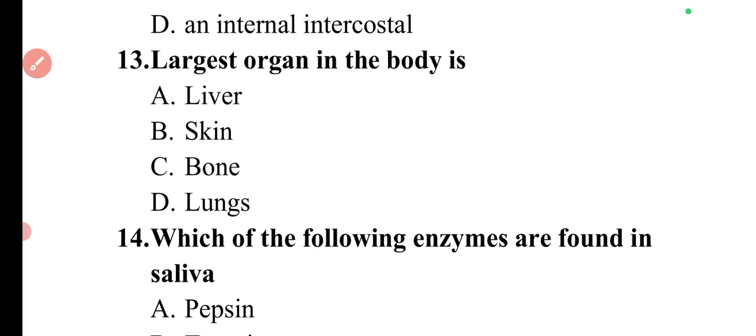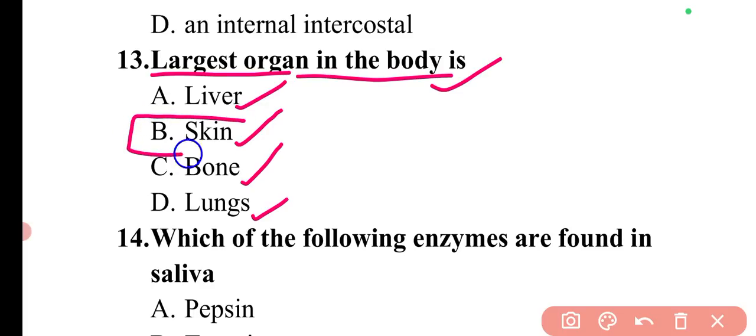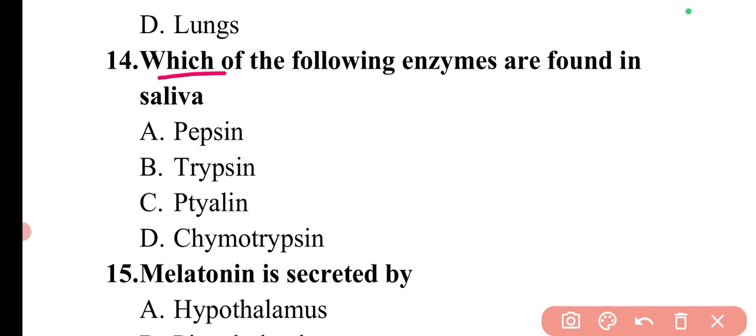Next question is, the largest organ in the body is. Options are liver, skin, bone, lungs. And the correct answer is option number B, skin. Next question is, which of the following enzymes are found in saliva?